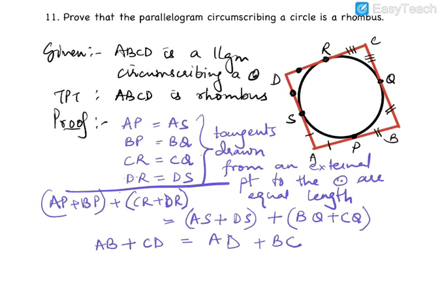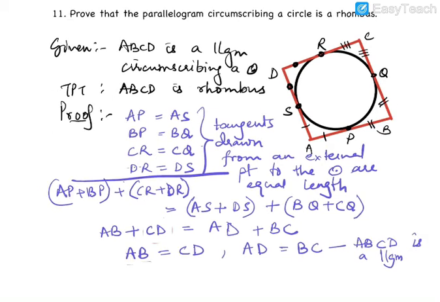Now we are given in the question that ABCD is a parallelogram. So if it is a parallelogram, then the opposite sides will be equal. So AB will be equal to CD and AD will be equal to BC. So what we are going to do is, in this equation, we will replace CD with AB and BC with AD.